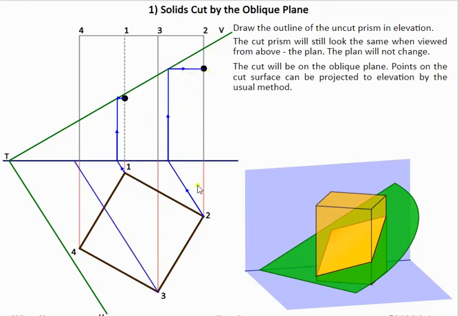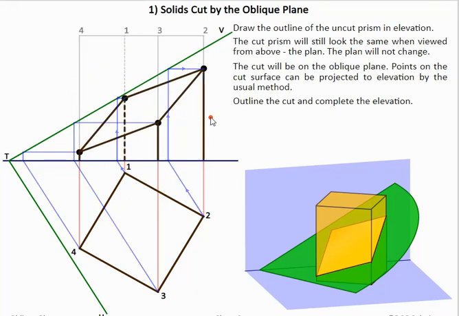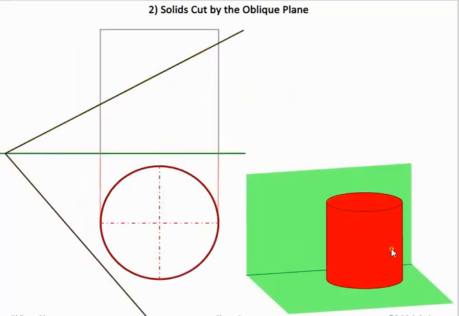This is point 2 established, then point 3, the same method, and then point 4, same method. Once we have the 4 points established in our elevation, we can join them together and finish our elevation. So this is the elevation now completed of this simple object.